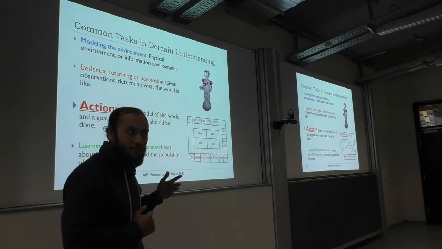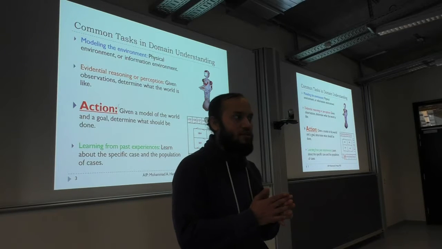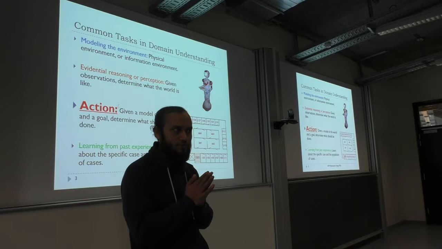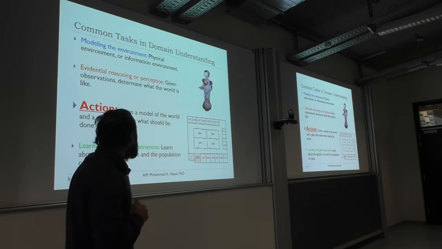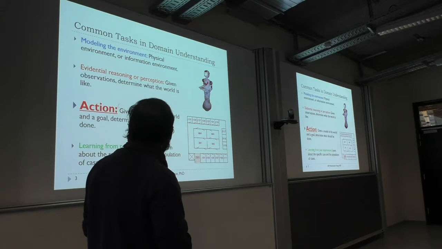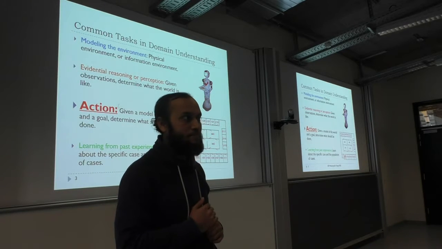We define the environment, and we create some kind of knowledge base. We got some introduction about how to create a knowledge base. Then we have evidential reasoning or perception in domain understanding, which gives us the observations and determines what the world looks like.